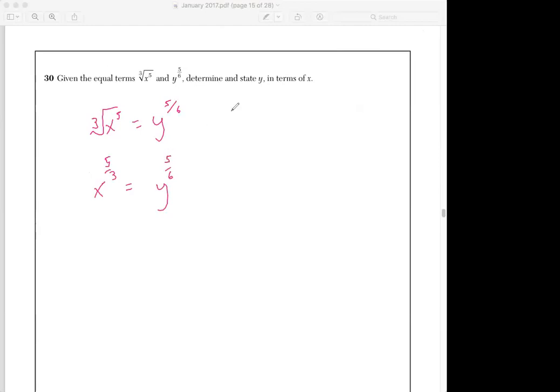We want to get y alone, right? State y in terms of x. So watch what I do here. I'm going to raise this to the 6/5 power on both sides. Why?